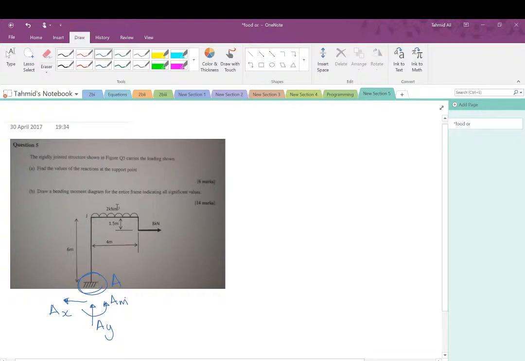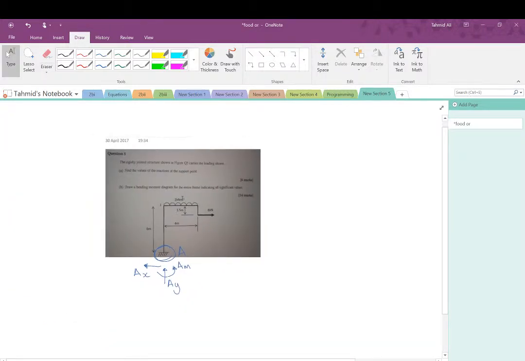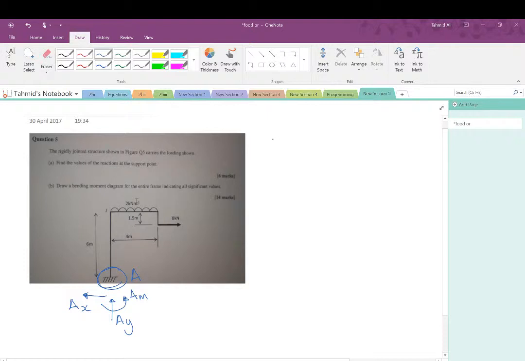Now, if you do the sum of, actually wait, before we do that, let's give a sign convention to keep everything consistent. So I'm gonna treat up as positive.